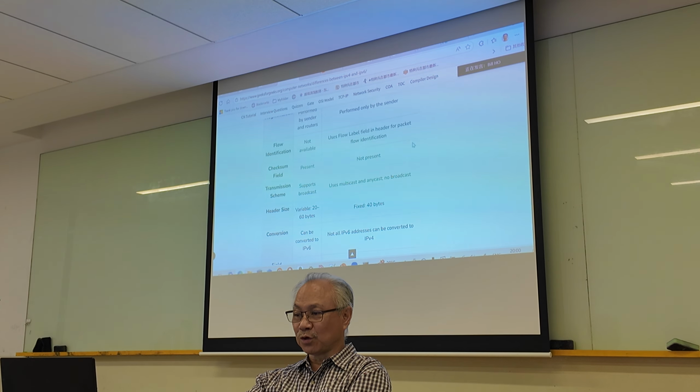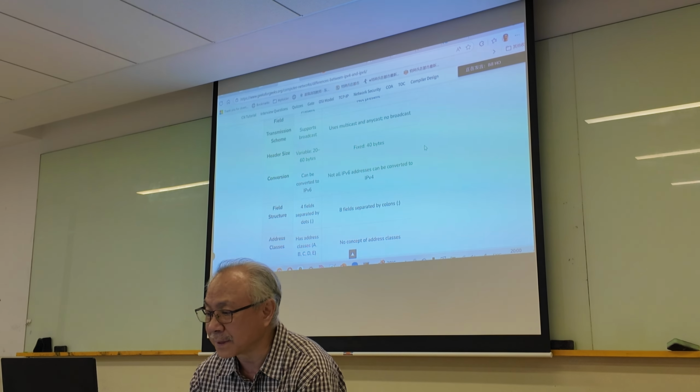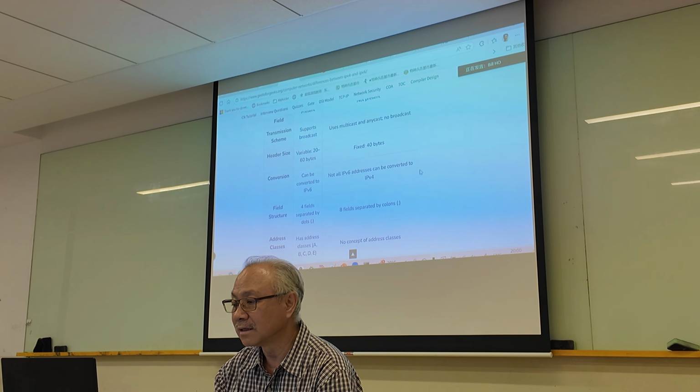They have flow control, and checksum. IPv6 doesn't use checksum, it uses another method, IPsec.